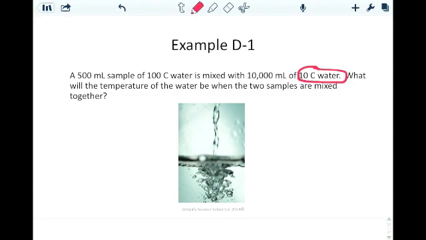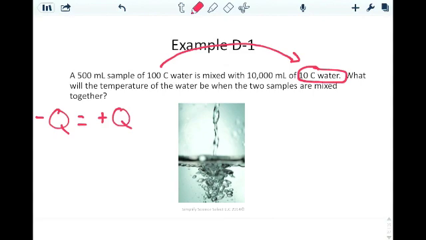What would the temperature of the water be when the two samples are mixed? So what's going to happen? Well, the energy from the hot is going to be transferred into the cold. So negative Q equals positive Q. Now they're both water.